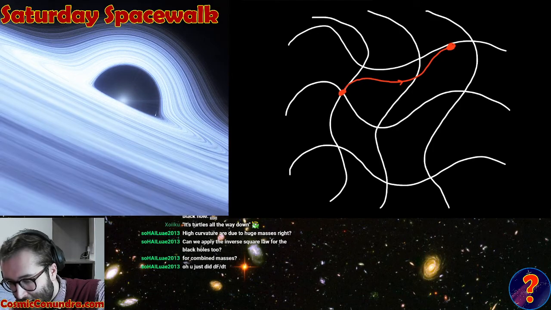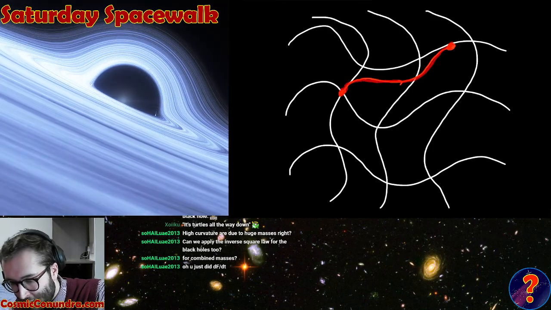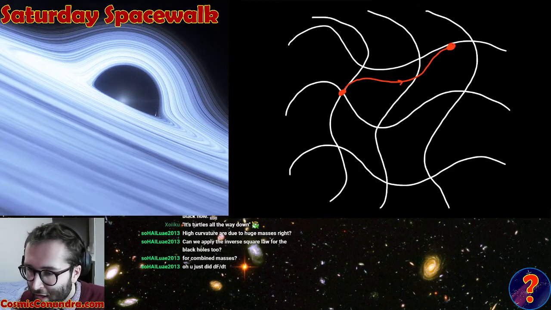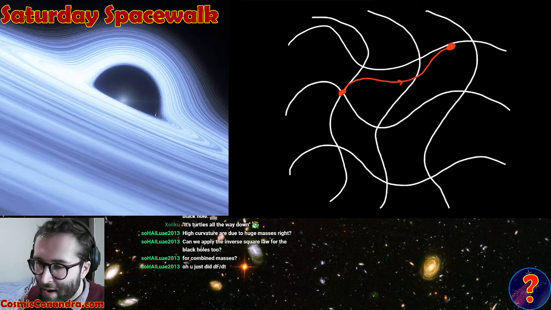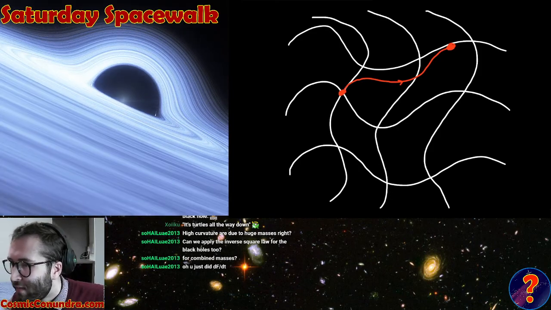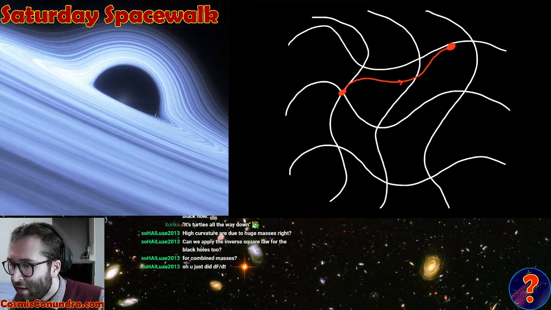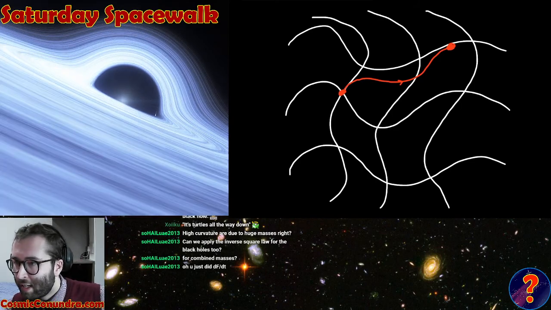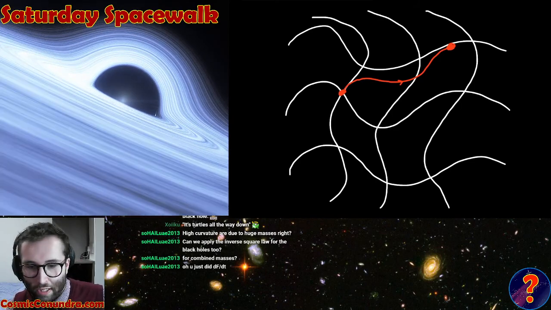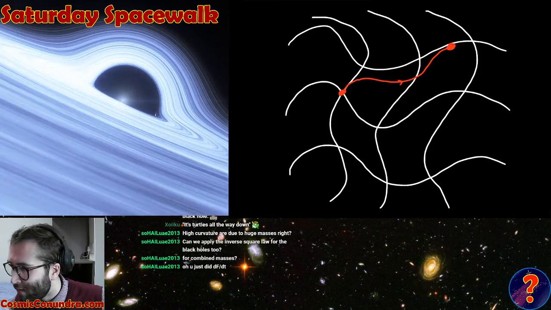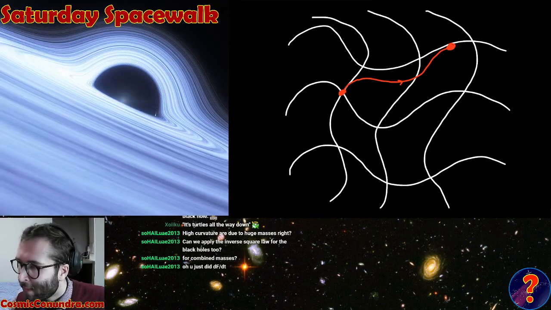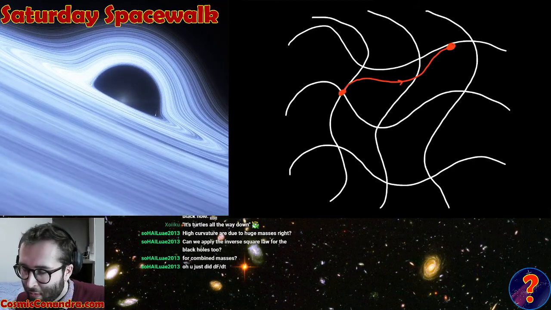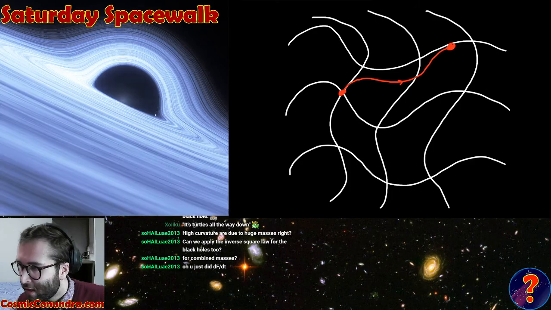Well, it's the path that connects two points in this warped space-time that extremizes the 4D version of length. If you've seen special relativity, you've seen this invariant interval, which is our relativity version of length, where we no longer just think about length in space, we have to think about length in time. And this path that particles take will be extremized, so it will be minimized or maximized.